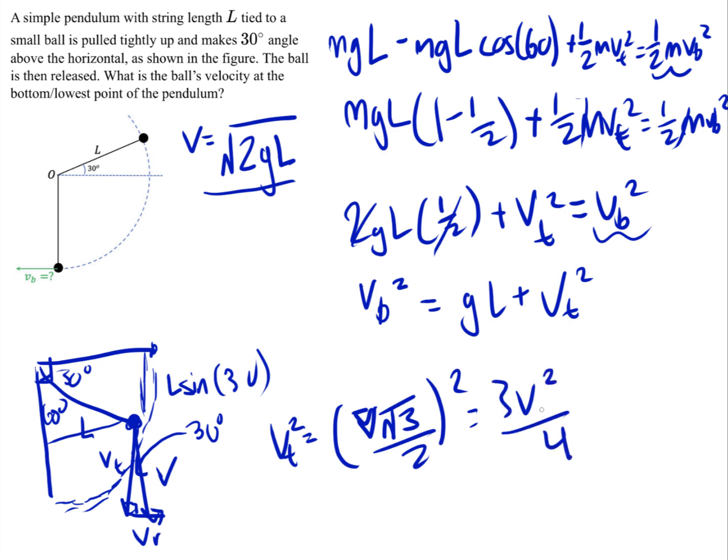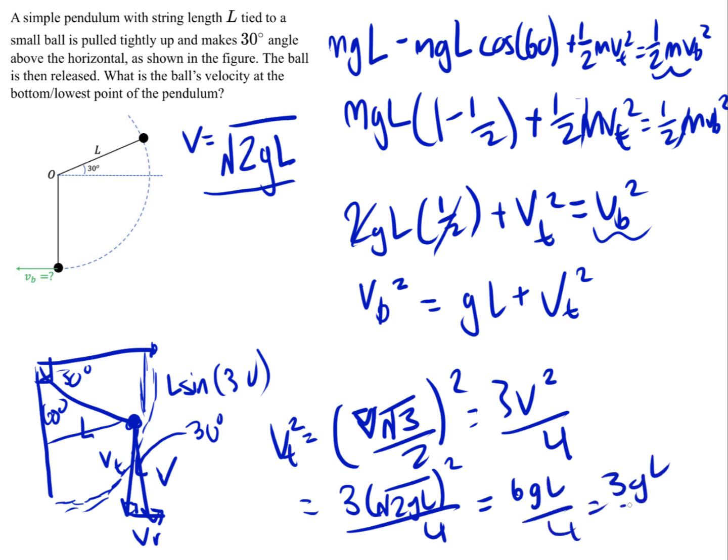And now we can substitute the velocity that we calculated earlier back in. So this is equal to 3 times the square root of 2gL squared divided by 4, which is equal to 6gL divided by 4, which is equal to 3gL over 2. So that is what we get for the velocity of the tangential component squared.